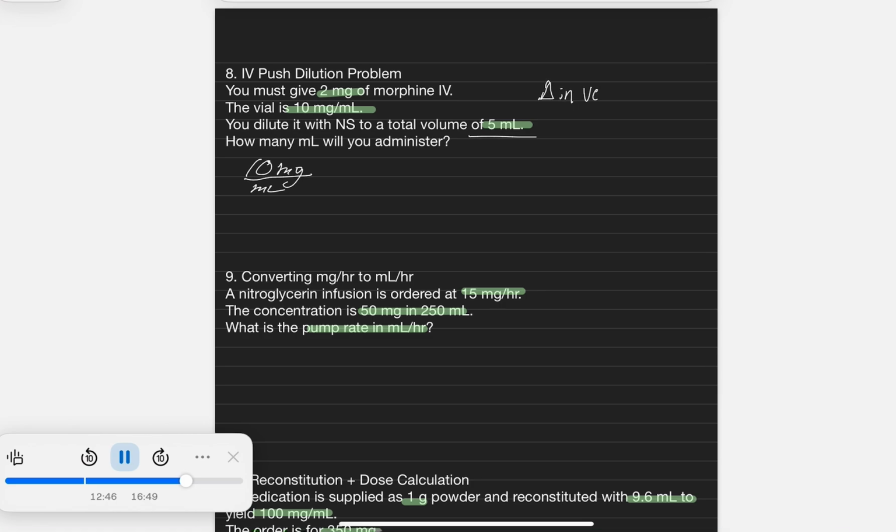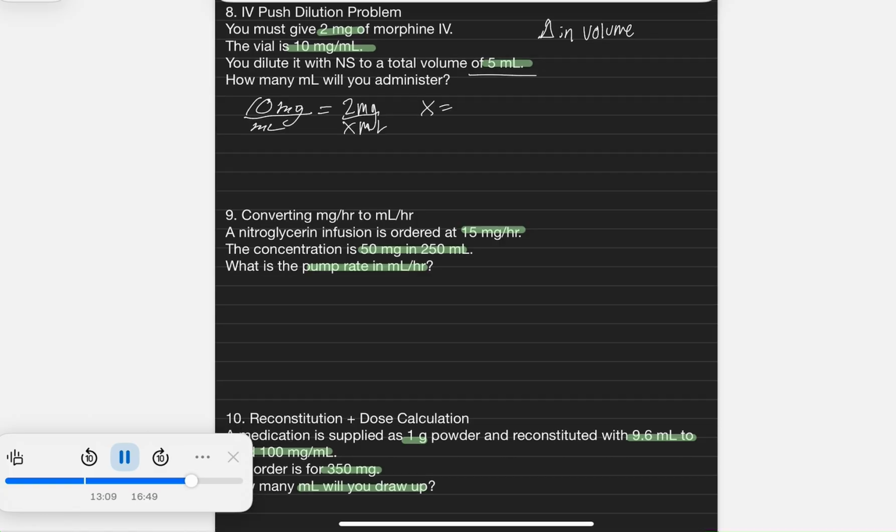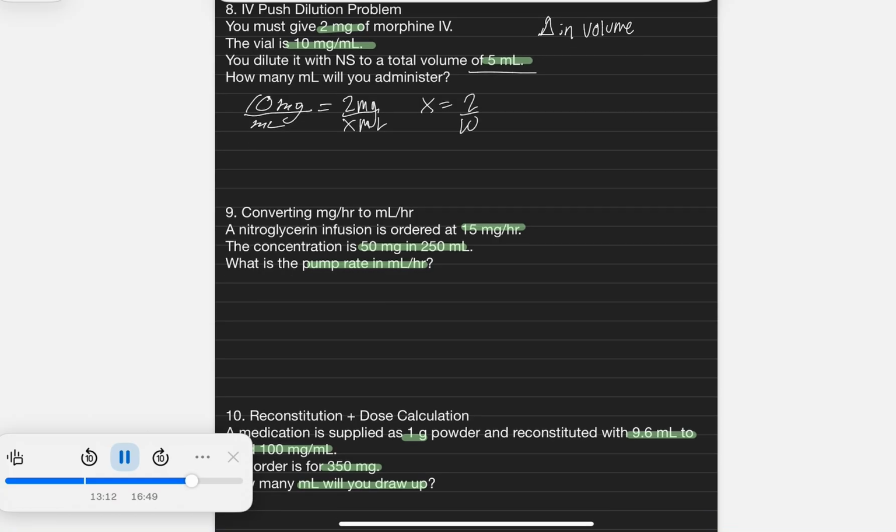So we just need to figure out how many mLs is going to be equal to 2 milligrams with the new concentration that we have. So if we have 10 milligrams per ml, and there's 2 milligrams in X amount of mLs, X is going to be equal to 2 divided by 10. It's like 2 milligrams divided by 10 milligrams per ml. So that would mean that we have 0.2 ml where we have 2 milligrams.